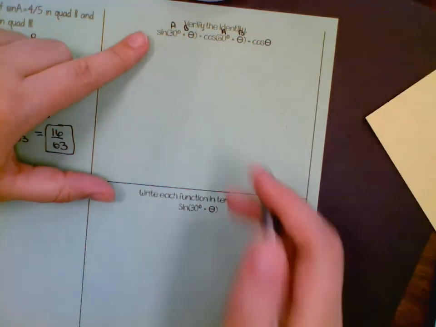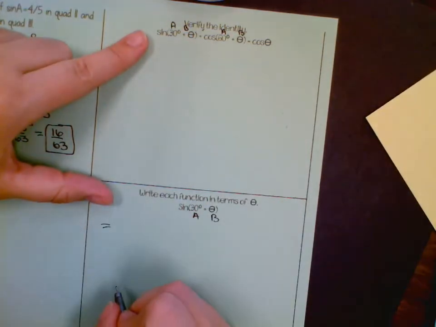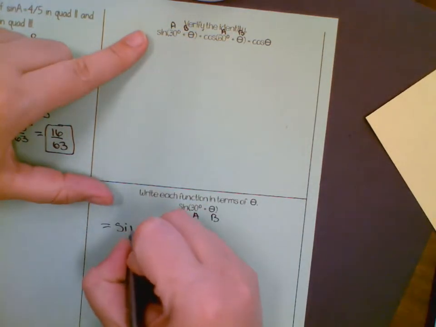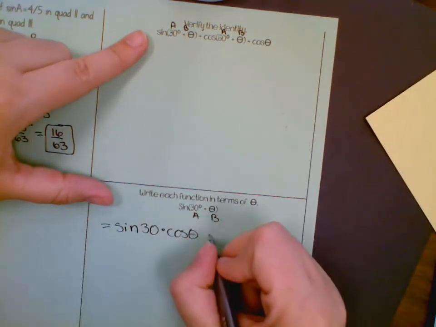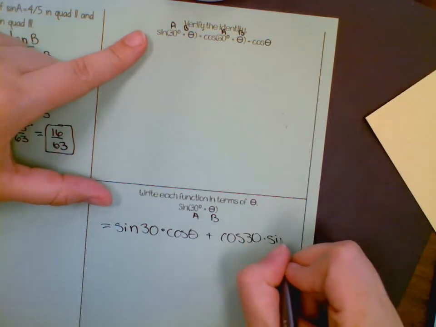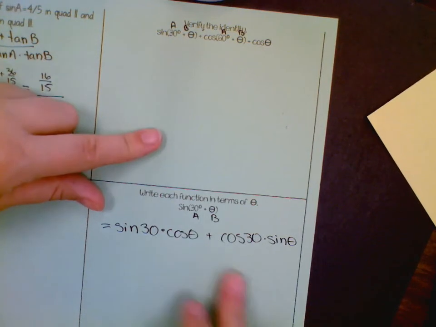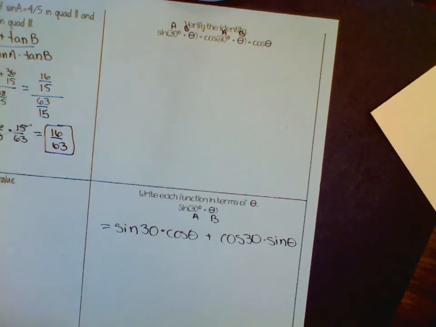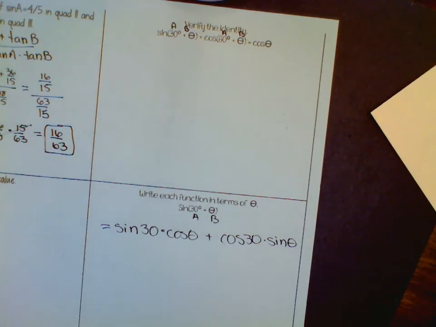So the sine of 30 plus theta would equal the sine of 30 times the cosine of theta plus the cosine of 30 times the sine of theta. And then you can go ahead and simplify that, okay? And you can use that answer up here and then do the cosine formula. So pause, and when you come back, I'll show you the correct answer.